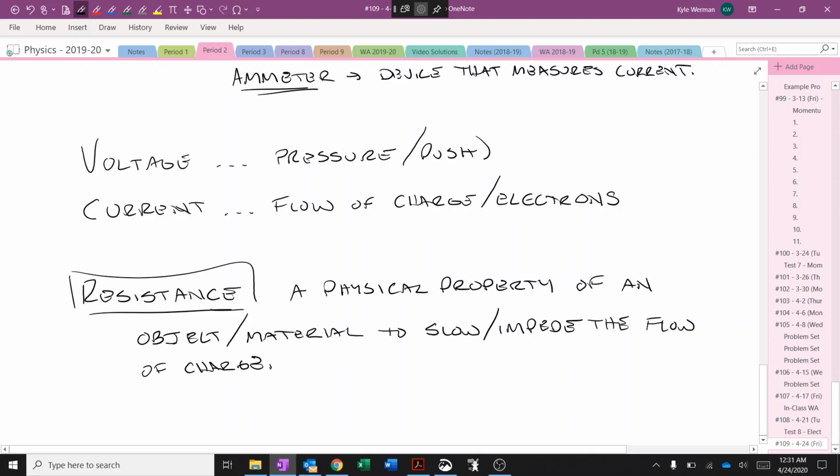So charge cannot move easily through that. Now, the flow of charge would be what we call current.